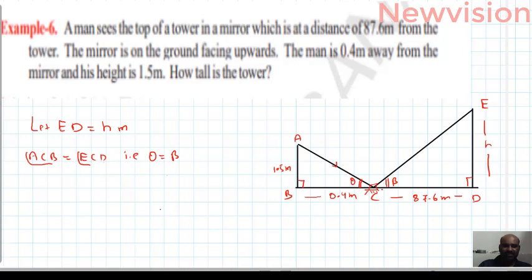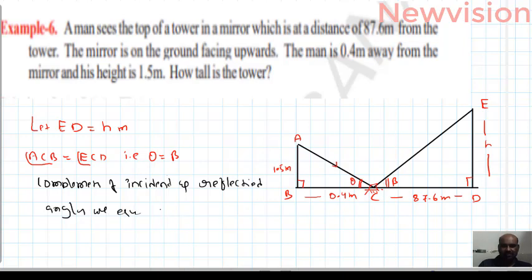The reason is: complements of incident and reflected angles are equal. So this is the reason why these two angles are equal. Complements of incident and reflection angles are equal.